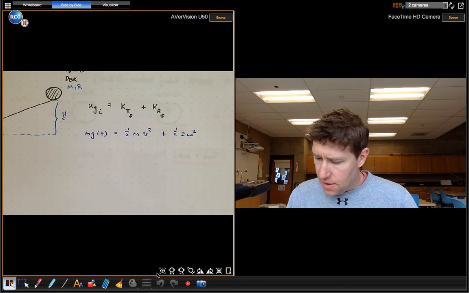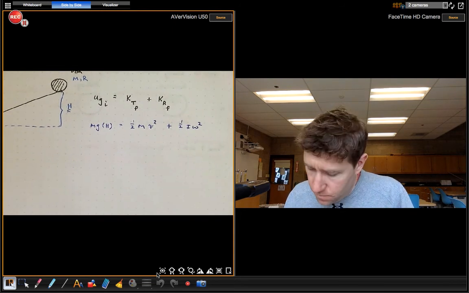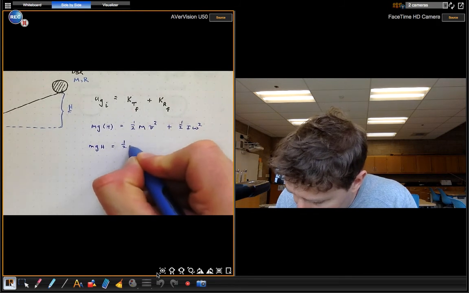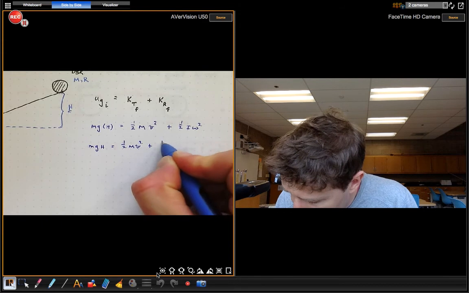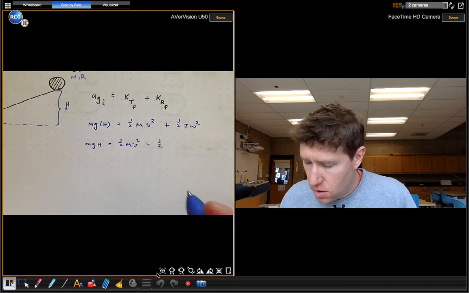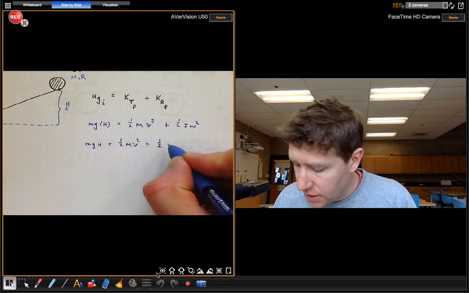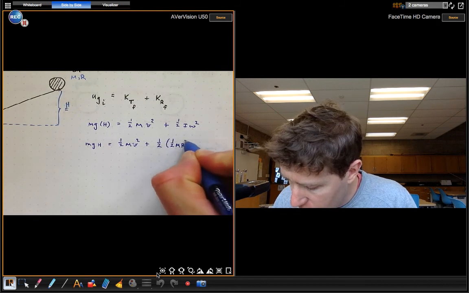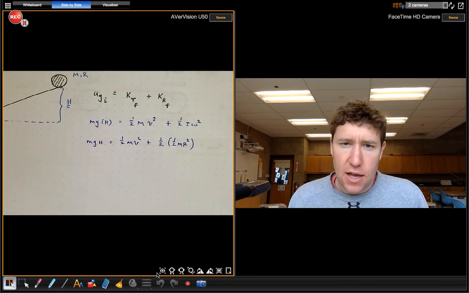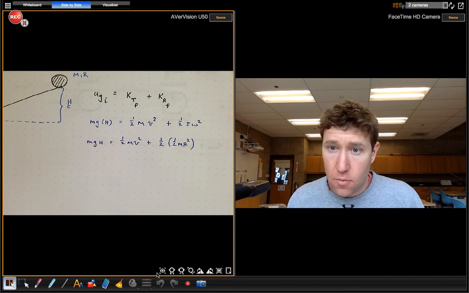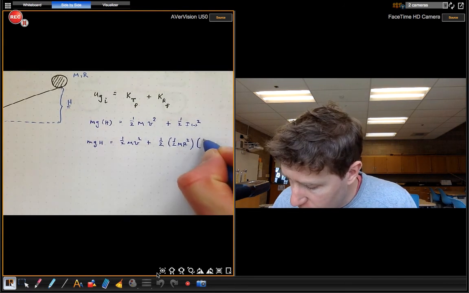All right, let's see if I can simplify this in any way. The first thing I might do is rewrite the moment of inertia of the disk in terms of m and r. I hope you remember the equation for the moment of inertia of a disk, but I'll write it out here. It's 1/2 mr squared. Similarly, I can substitute in a linear value for omega. If I remember that v is omega r, then omega is v over r, so omega squared is v squared over r squared.